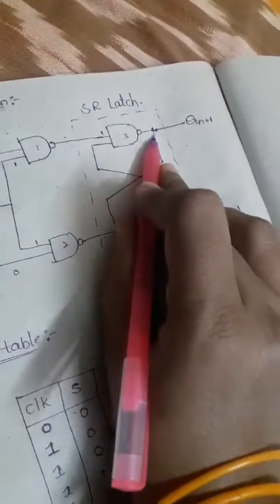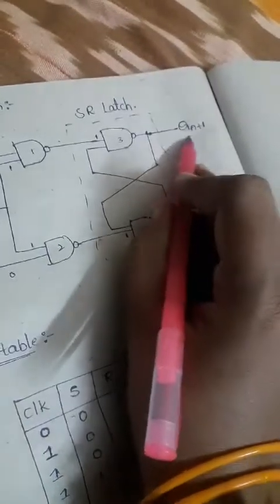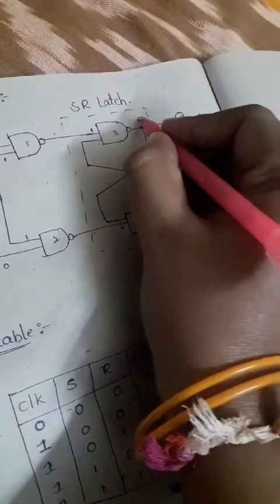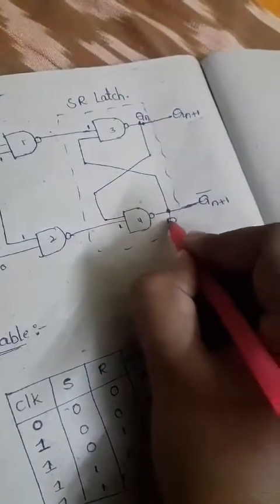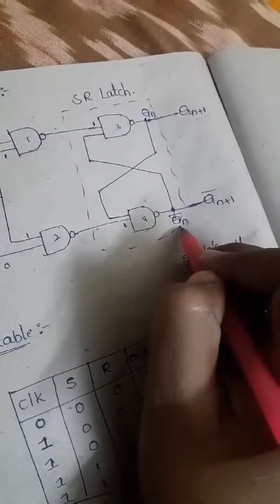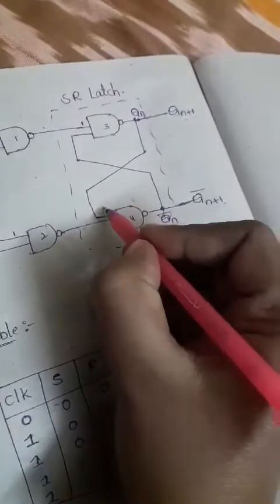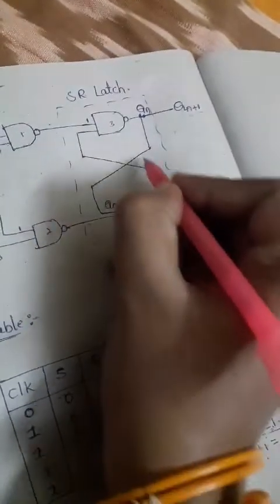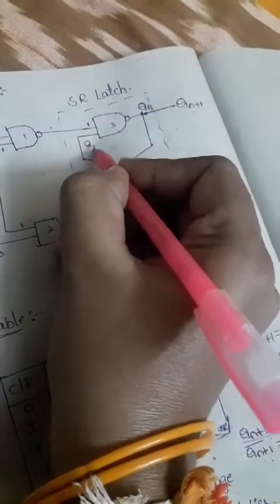This input is the next state input, right? I can consider it as the past output, just for imagination purposes. So this is the past output. Qn complement. The previous state is the nth stage, and the next is N plus 1. So you can consider here this is Qn and this is Qn complement.